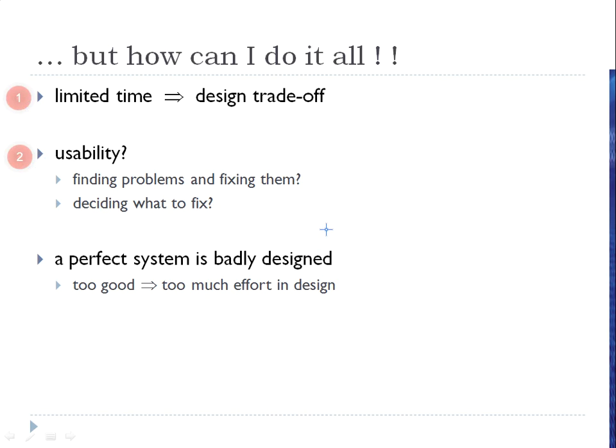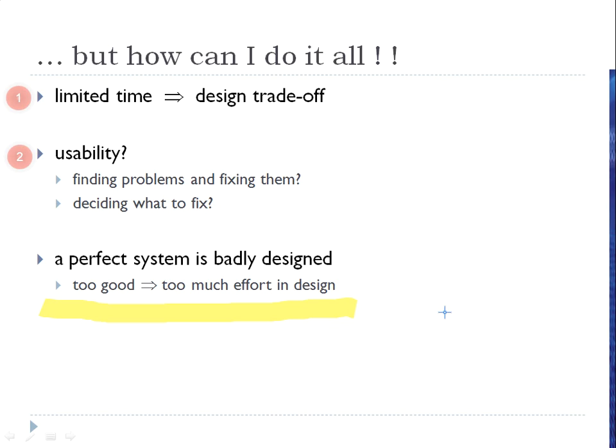So the main thing we must know is that a perfect system is badly designed. Why? Because we must consider the time and also the requirements that the customer wants.